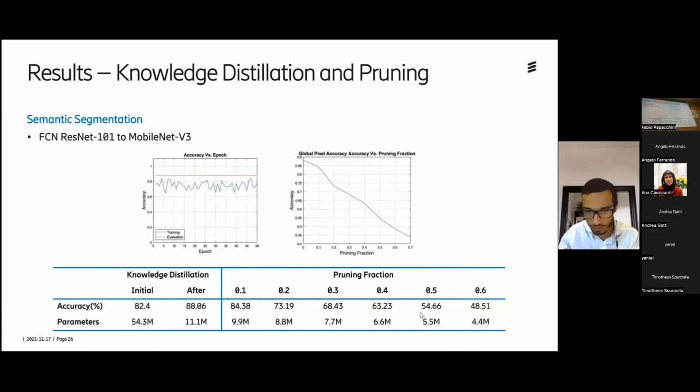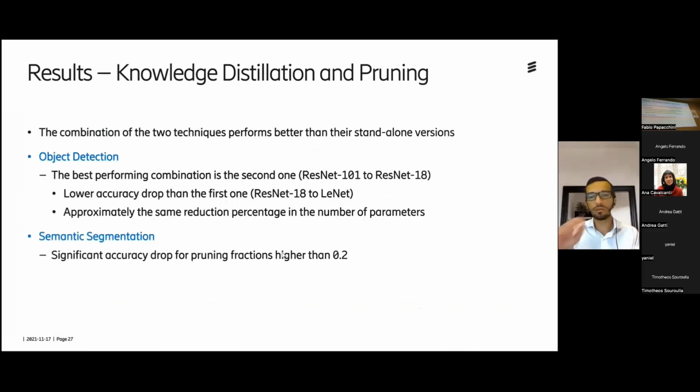And after that, it was a sudden drop. Our result was that the combination of the 2 techniques performed better than the standalone version. And for object detection, the best performing combination was the second one, as it had lower accuracy than the first one and the same reduction percentage in the number of parameters.